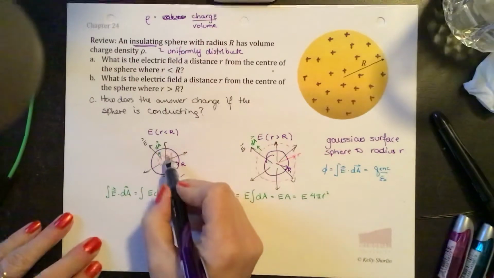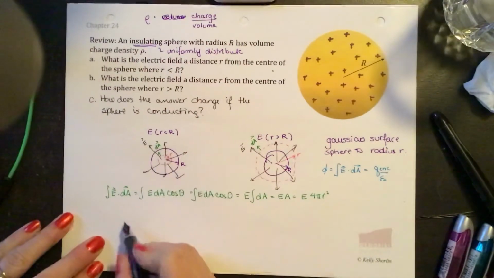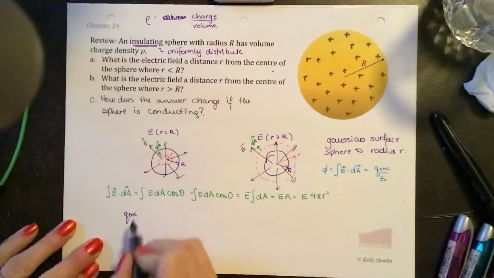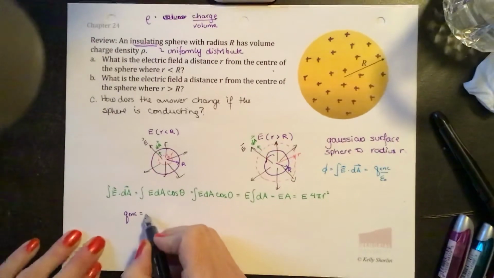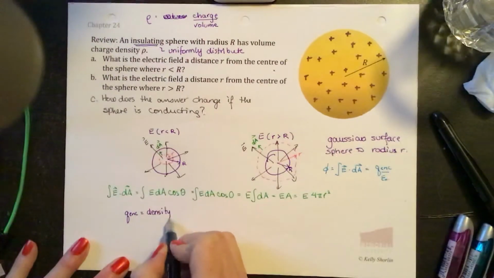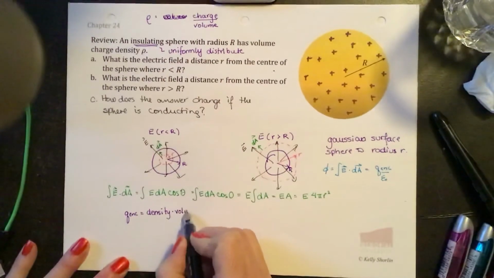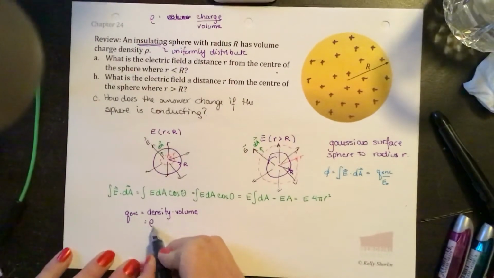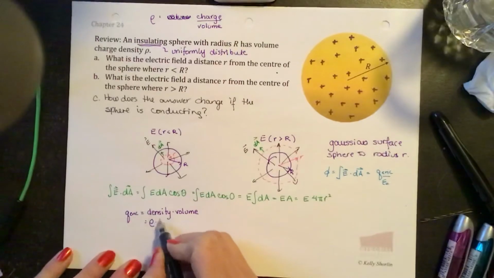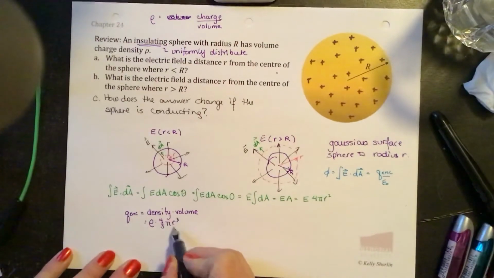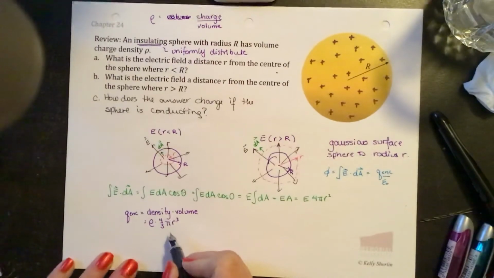So sticking with the case where my Gaussian surface is inside my sphere, the amount of charge enclosed by my Gaussian sphere is going to be the charge density times the volume of my Gaussian sphere. The density has a symbol rho. The volume of my Gaussian sphere is 4/3 pi r cubed. So this is the Gaussian sphere.